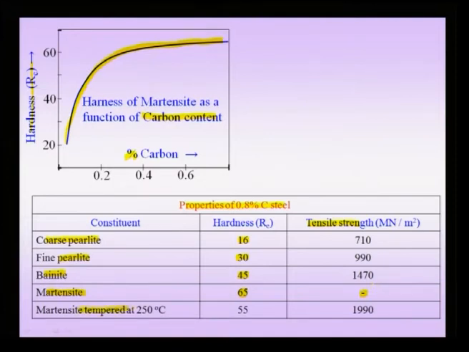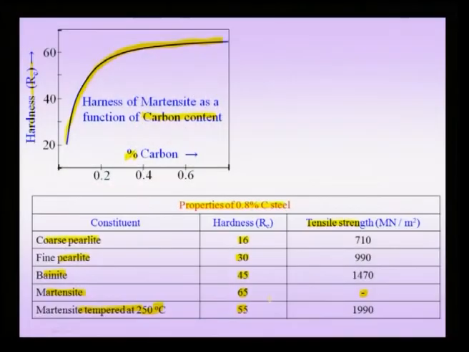Therefore, when you temper martensite, typically at about 250 degrees Celsius, the hardness falls a little bit, but in the bargain you can actually get a combination of ductility and strength. So now you understand that not only the composition but also the microstructure determines the properties, and a direct handle on the microstructure is what we call heat treatments.